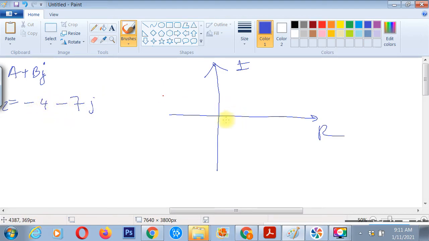So -4, this is positive: 1, 2, 3, 4. For -4 the side is the left hand side: -1, -2, -3, -4.